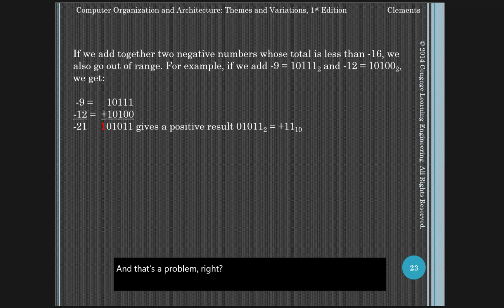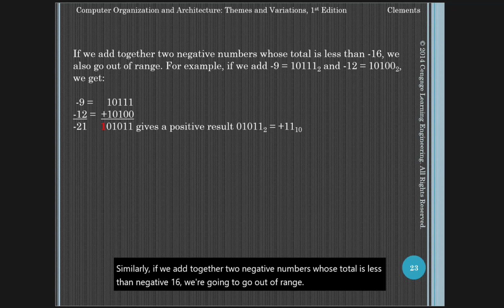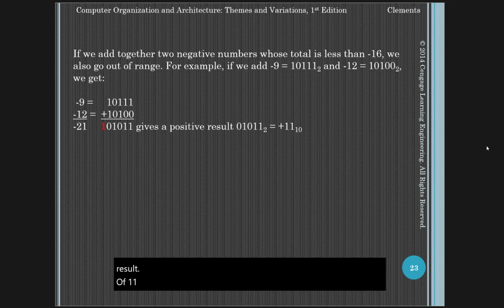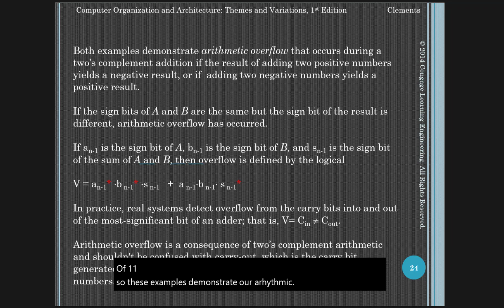Similarly, if we add together 2 negative numbers whose total is less than -16, we're going to go out of range. So we can take a look at this. We can add -9 with our -12. And while in our base 10 system we would get a -21, this is going to yield a positive result of 11. So these examples demonstrate the arithmetic overflow that occurs when we're using this format of 2's complement addition.